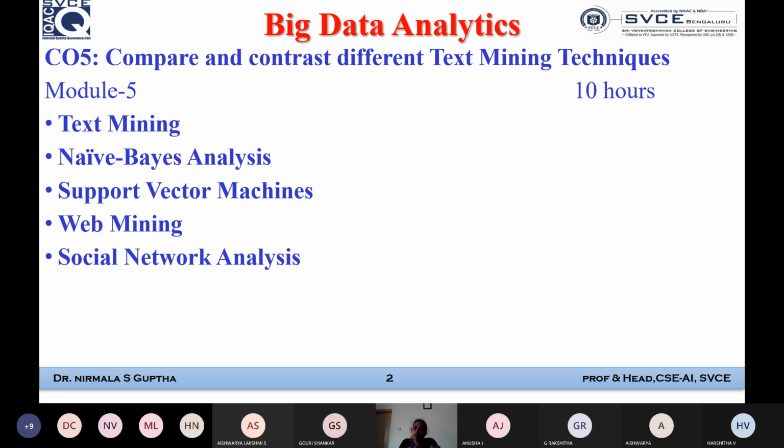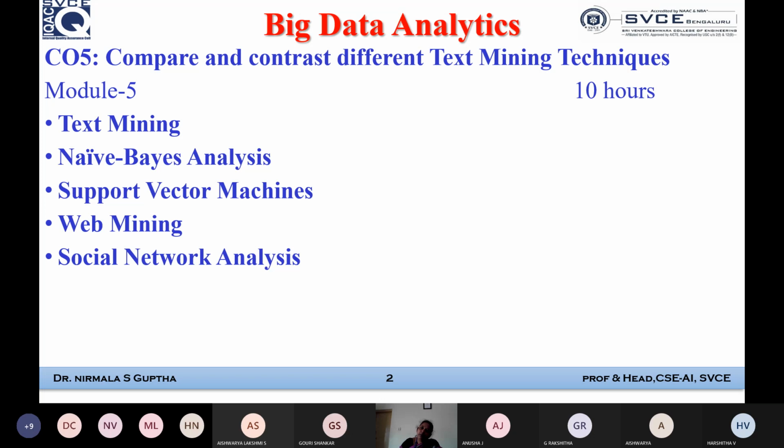This is a brief overview of the course outcome and objective of big data analytics. We are going to learn the different text mining techniques, compare them, and see what kind of benefits or applications we get from these techniques.